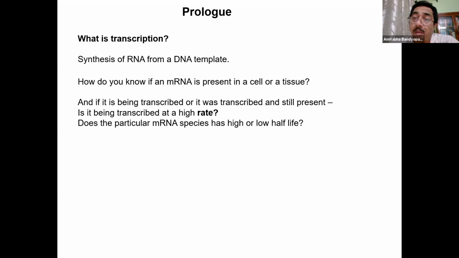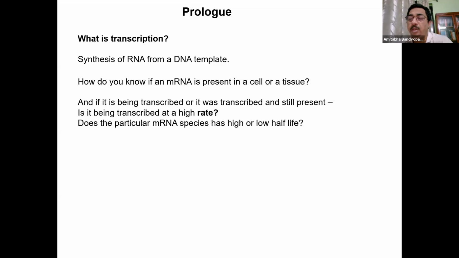And then comes the rate. When we get into eukaryotic transcription, I will get into it in much more detail. But the way I look at it, you can develop your own philosophy. That's not a problem. The way I look at it is regulation of transcription is purely a rate issue.